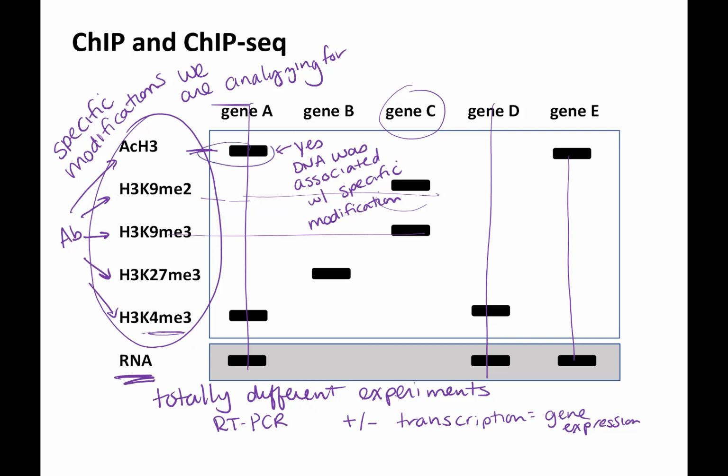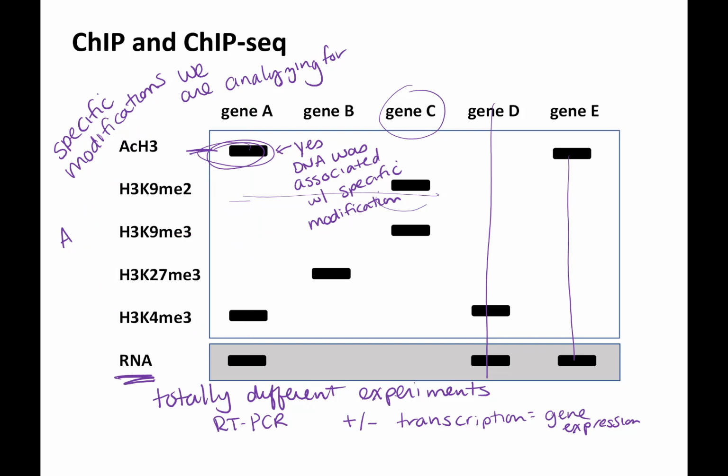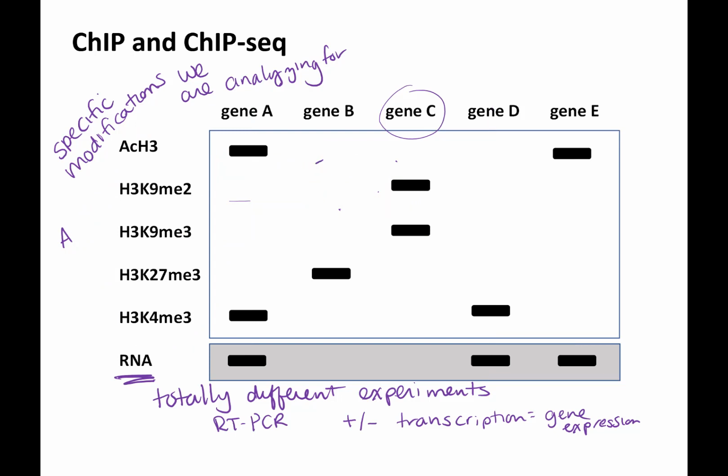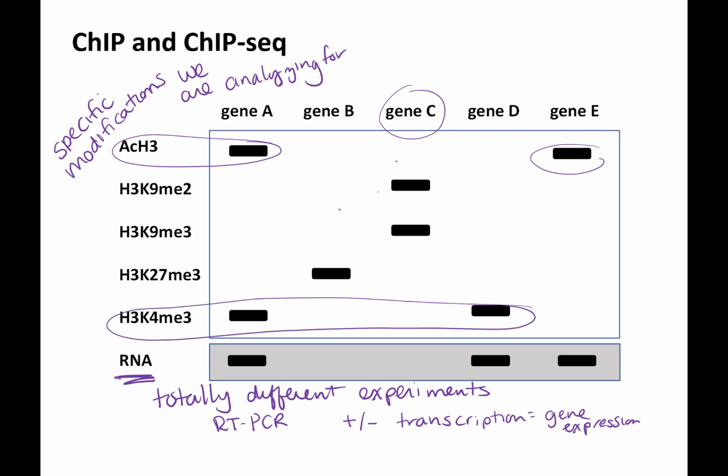Therefore, the modifications that they are associated with were modifications related to gene on. And because gene B and gene C were missing RNA, these modifications were associated with gene off.